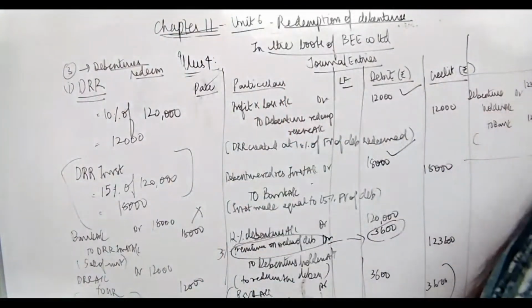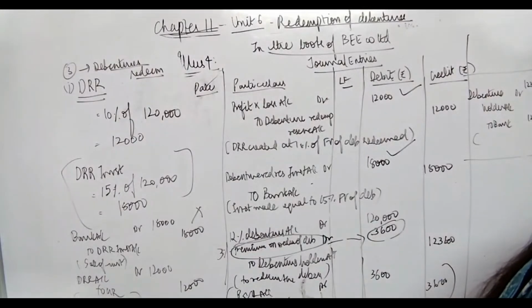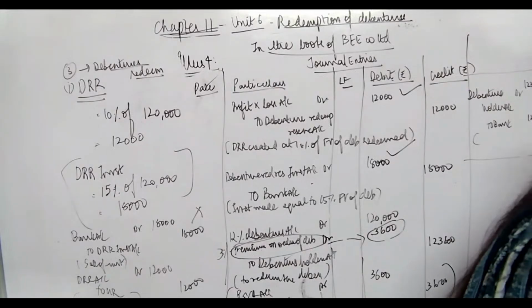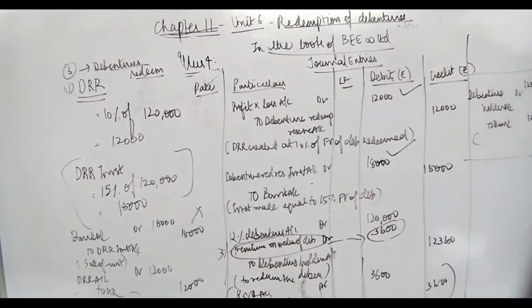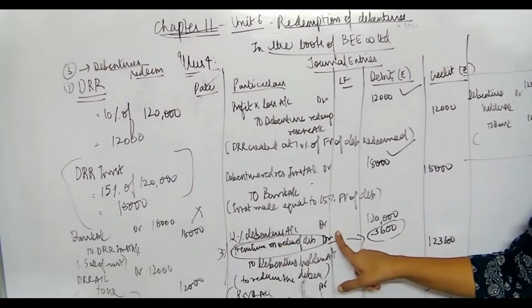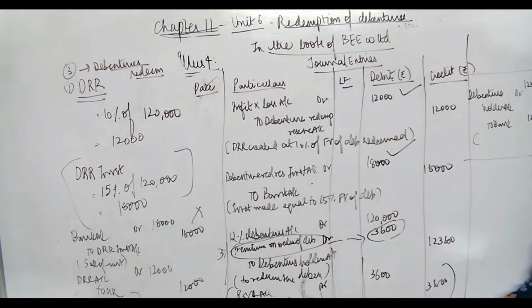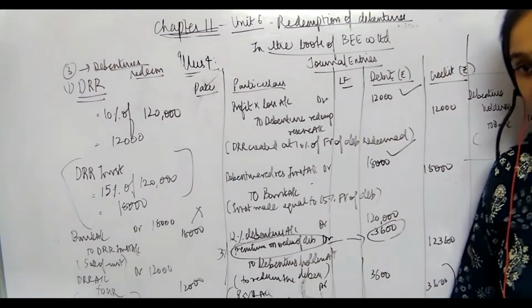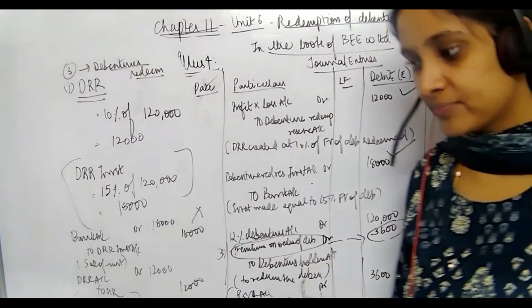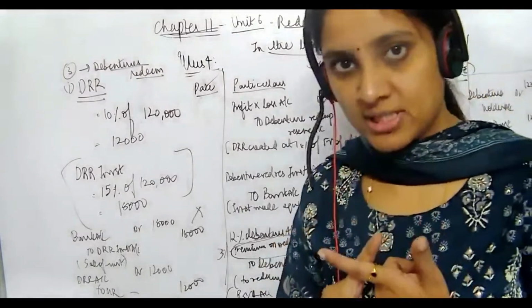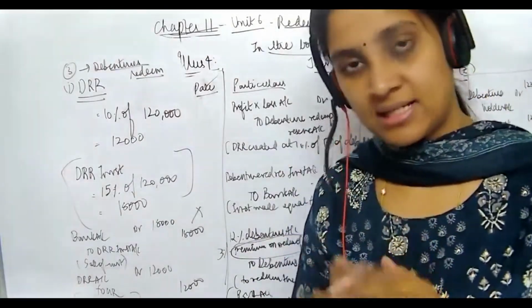Okay, ma'am. I have one more doubt, ma'am. Yes. As with redemption of preference shares, ma'am, the sources for redemption of debenture, ma'am. Are you asking about this entry or the sources? Sources for redemption of debenture, ma'am. Okay. In previous classes, we used either equity shares issued or you are creating a CRR, right?